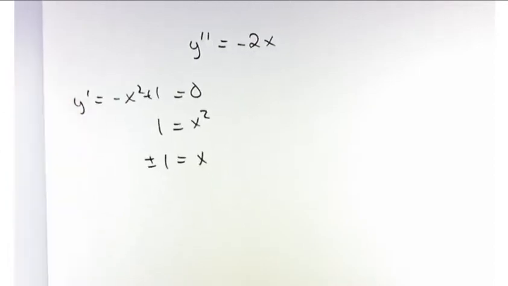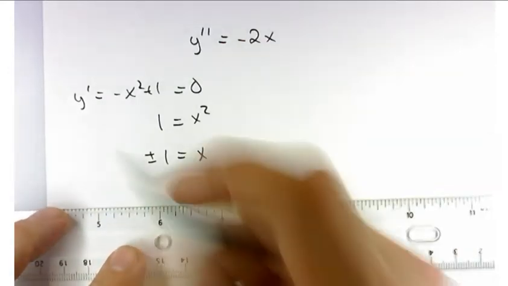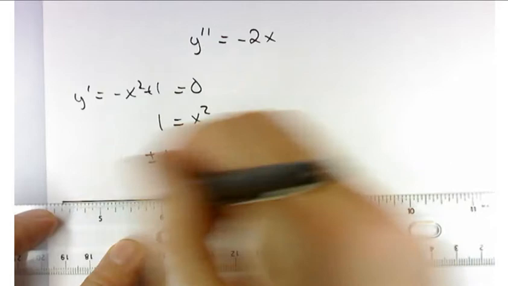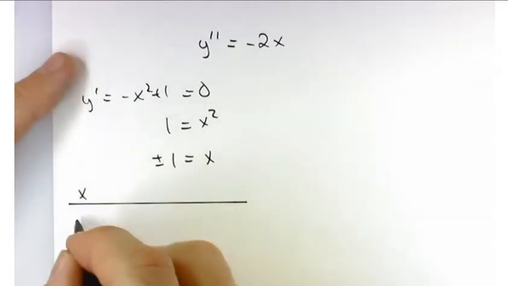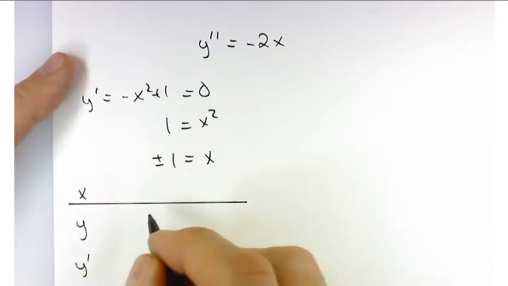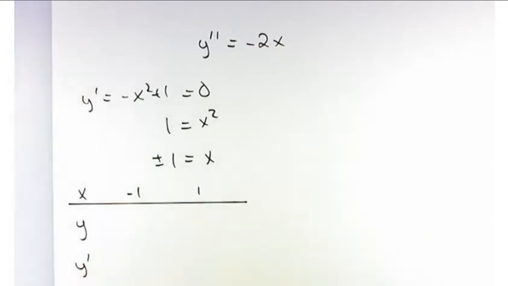That's where the first derivative can change signs. Let's make ourselves a little table: x, y, y prime, negative 1, and 1.